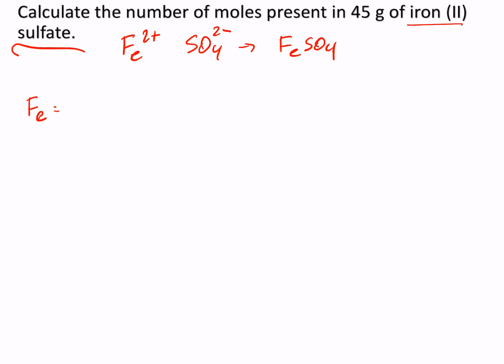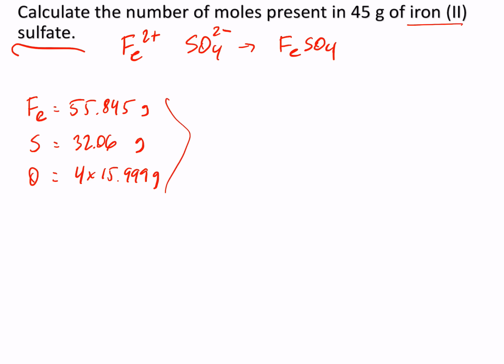If you are to calculate the molar mass for iron 2 sulfate, then we can do it like in the table. We have 1 iron, 1 sulfur, and 4 oxygen. For iron it is 55.845, for sulfur is 32.06, these are grams. For oxygen, you have 4 oxygens and you have to multiply that by 15.999, which is the atomic mass for oxygen. You add all this together and you obtain 151.901.